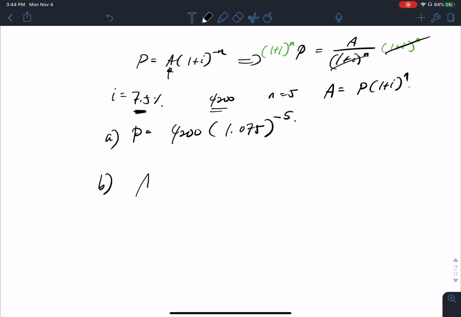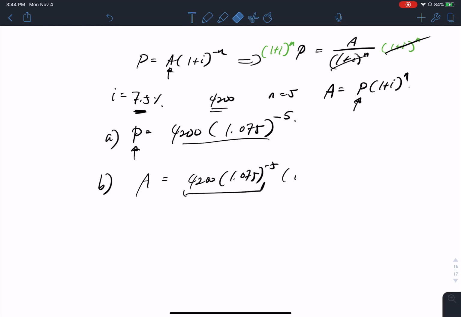So 2 years ago is when N is 3, 3 years in from when the principal was deposited. So this is still the principal, and I put where that should be.